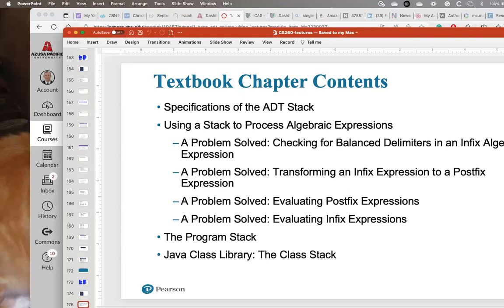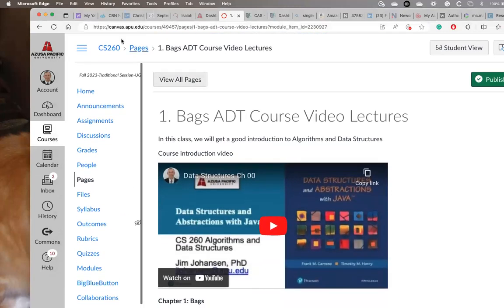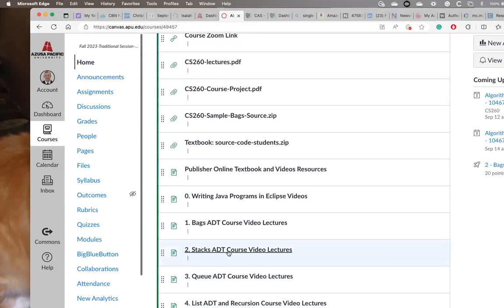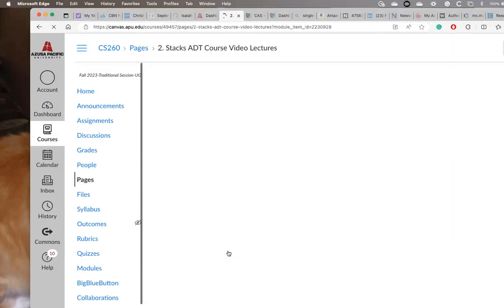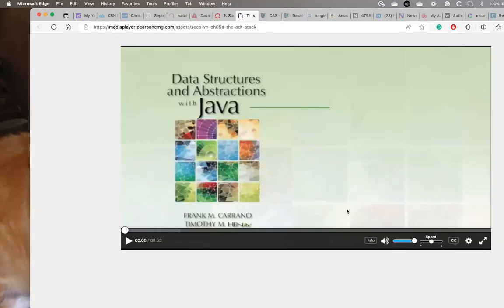I don't want to go over. I divided these up into sections, and this is where we get into stacks. So let's introduce the general nature of a stack with this video.